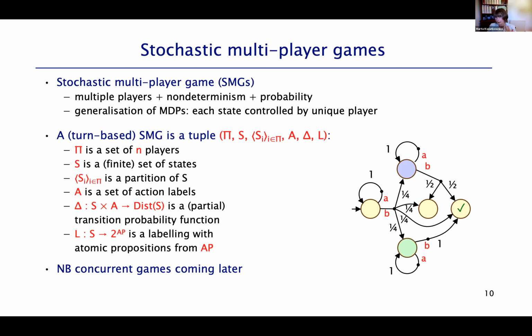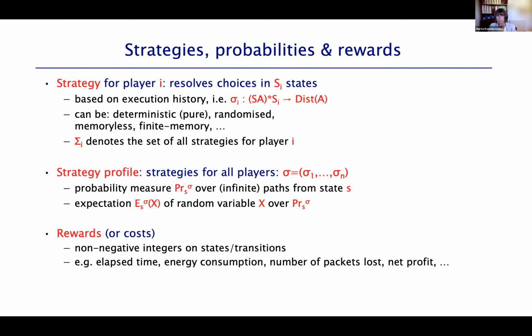Now each player has actions. Actions are actually probability distributions. They have probabilistic outcomes. And I can also label the states with atomic propositions. Here you only see one atomic proposition, the tick in the final state. Just think about it, that's a jackpot. So this is just a turn-based game. I will introduce concurrent games later.